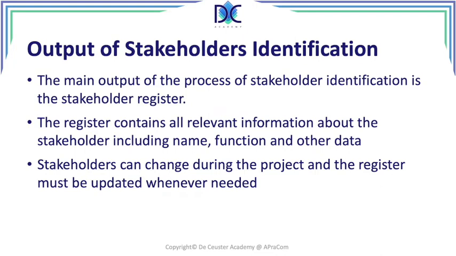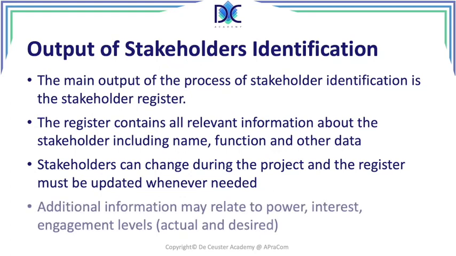So when we identify that there are new stakeholders appearing, we have to again do the stakeholder identification and update the stakeholder register. We may have some additional information, like I said, power information, how powerful are they, what is their interest level in the system, their engagement levels, what is actual, what is desired. All these things are in fact important to the project.